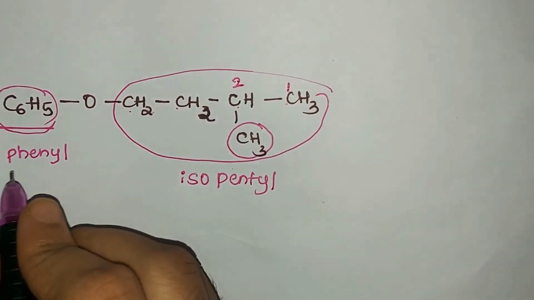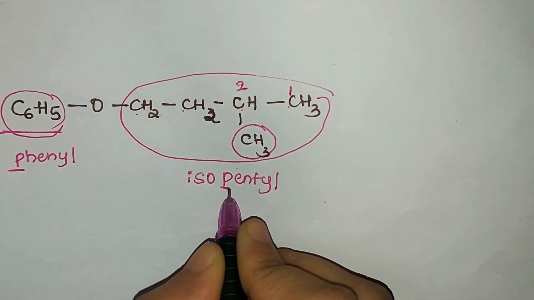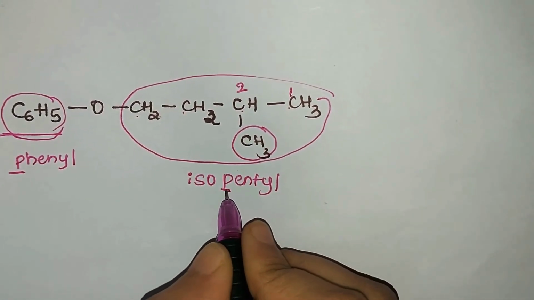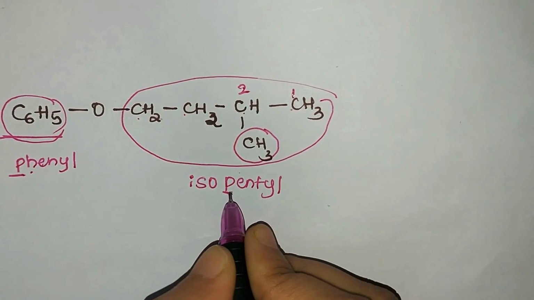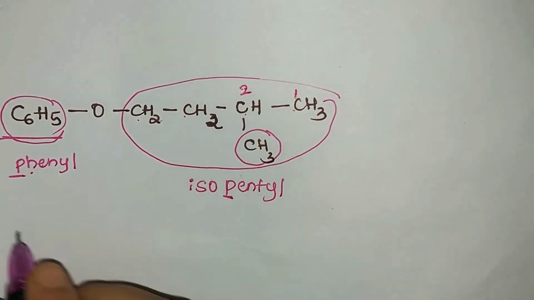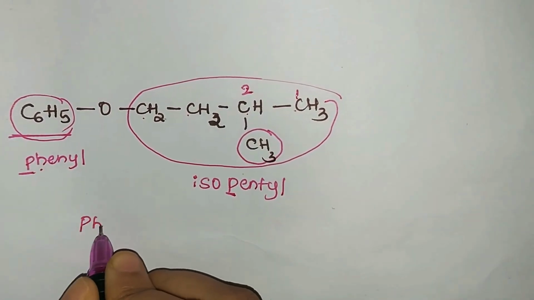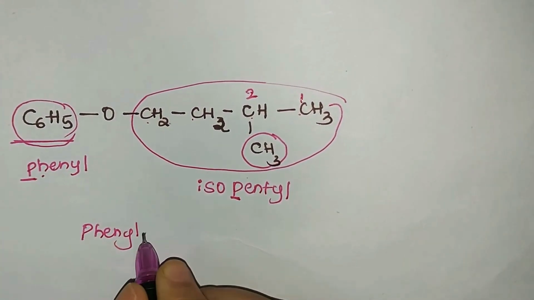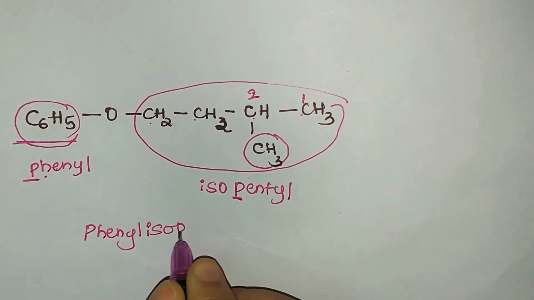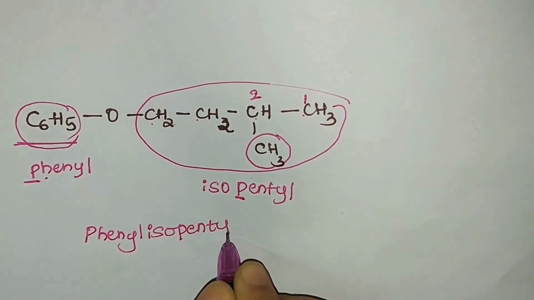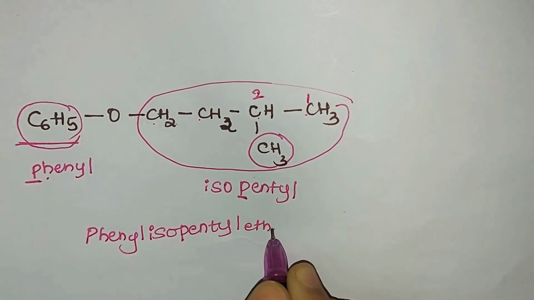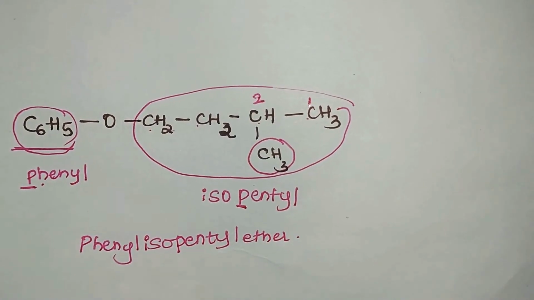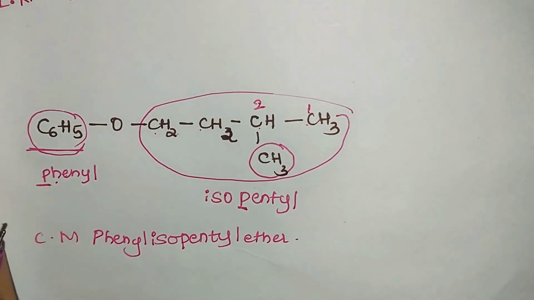Both start with P, so we'll write them in the same order. So it will be phenyl isopentyl ether. They are joined through oxygen, so it is nothing but an ether. So the common name here is phenyl isopentyl ether.